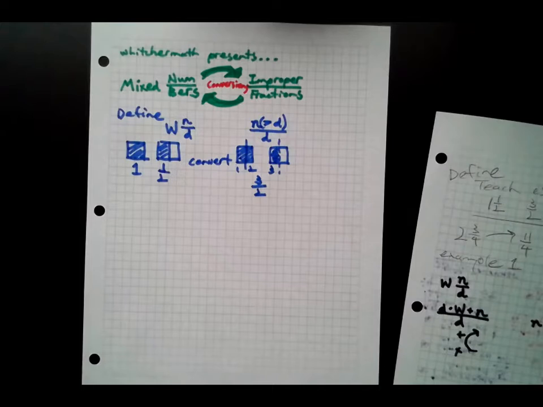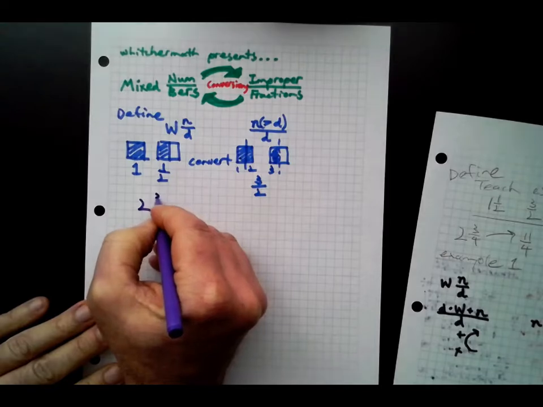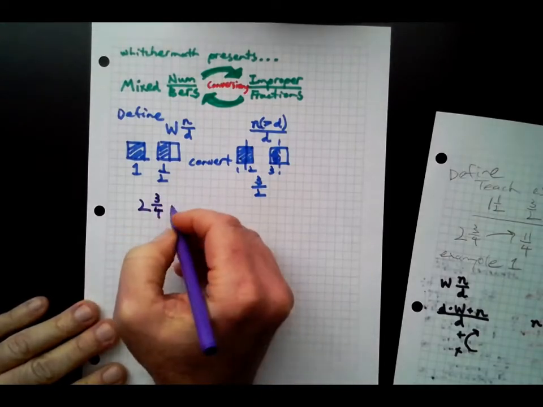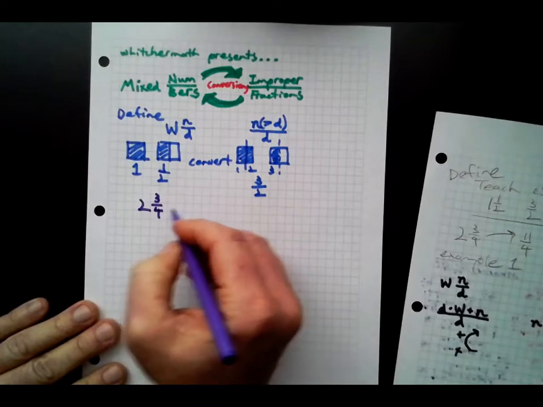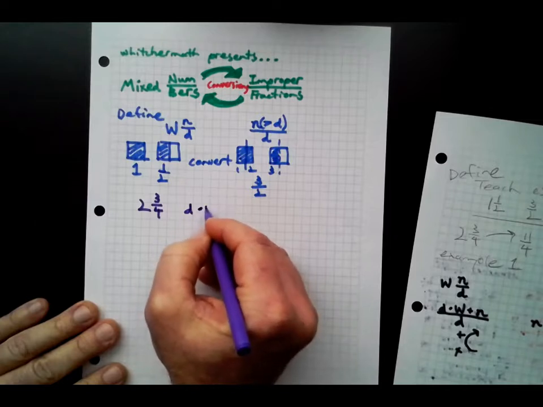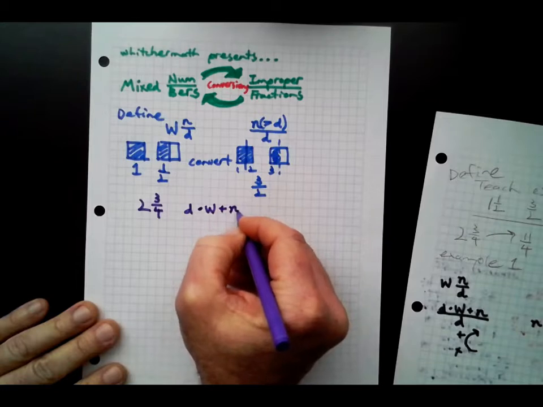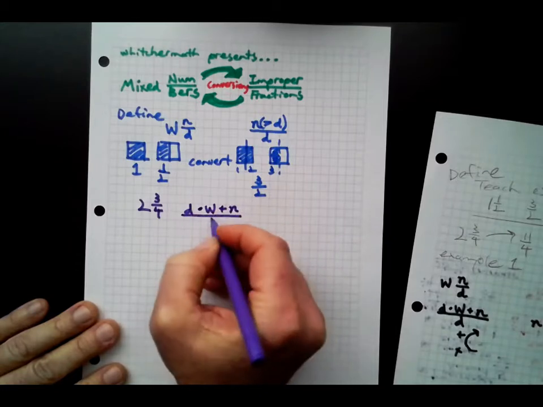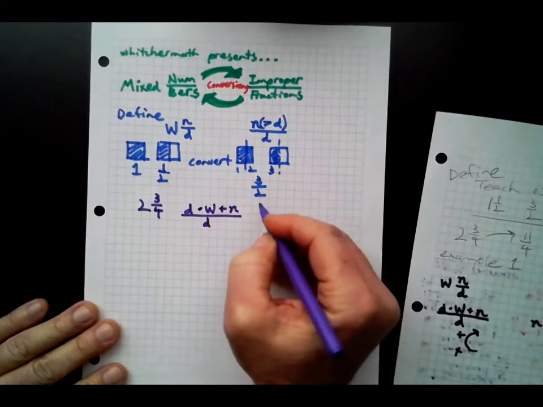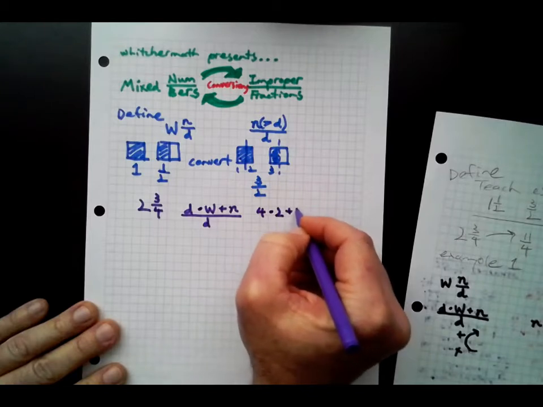We are just changing what we call it and how we think about it. Let's start with a simple example: a mixed number of 2 3/4. Now if I want to change to an improper fraction, here's what I do. I take the denominator times the whole number, and then I add the numerator, and I put that answer on top of the denominator, which means I'm going to take the 4 times the 2 and add the 3.